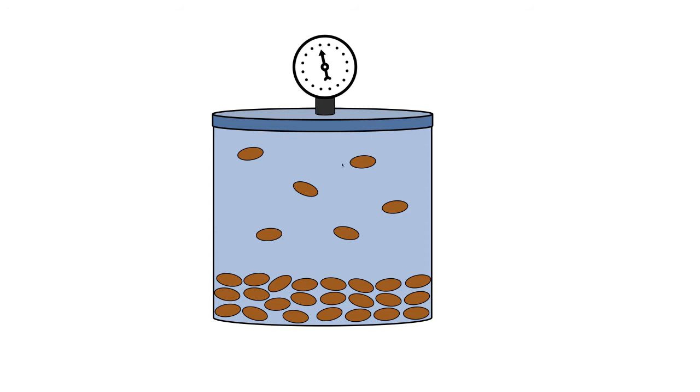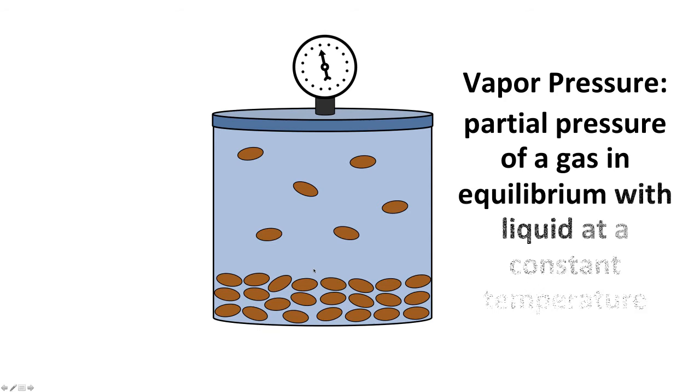We can measure the pressure of the gas for a given substance at a given temperature, and that is what we call the vapor pressure. The vapor pressure is the partial pressure of a gas in equilibrium with its liquid at a specific temperature.